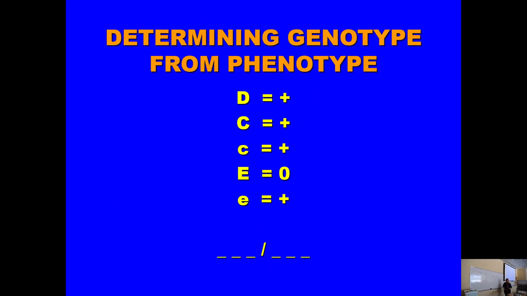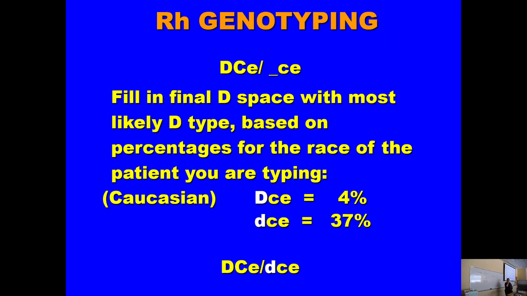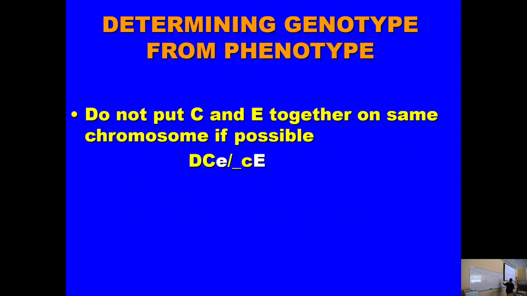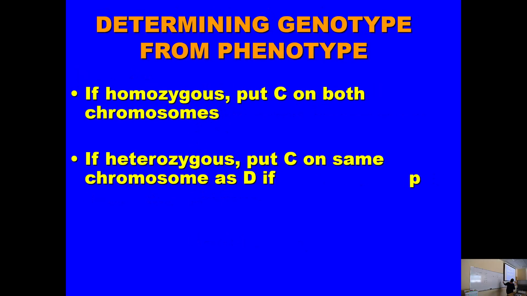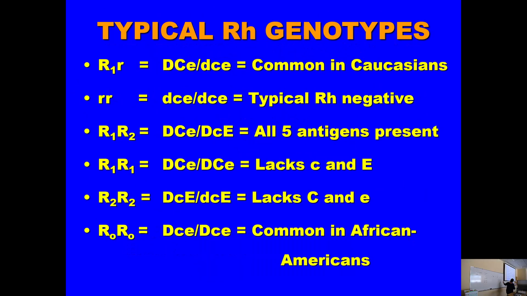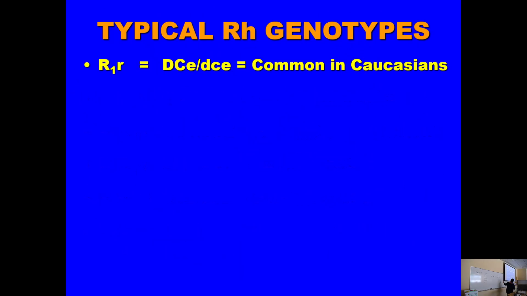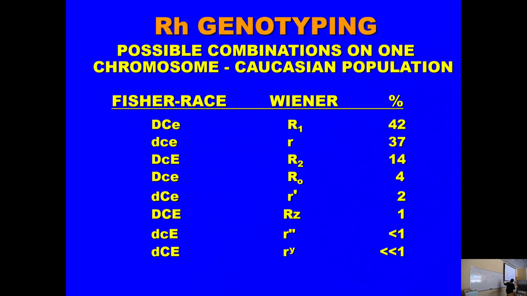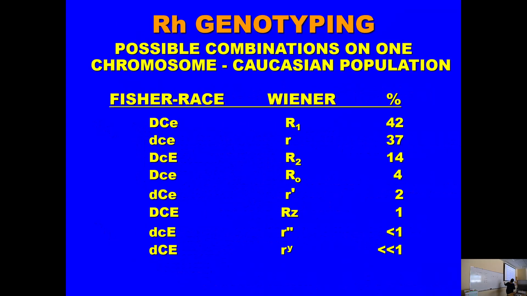Why does 4% and 37% not equal 100? Because remember, there's two sets of chromosomes. So if we go all the way back, yeah, look, that one. These are the probabilities of one or the other chromosome.